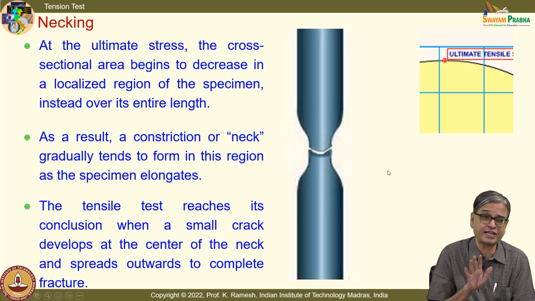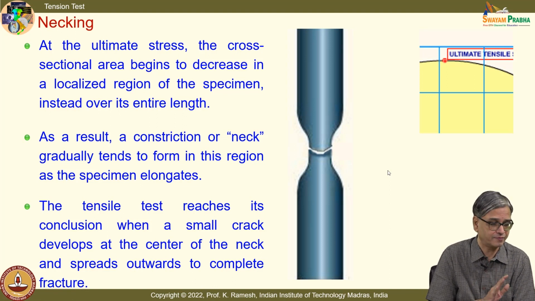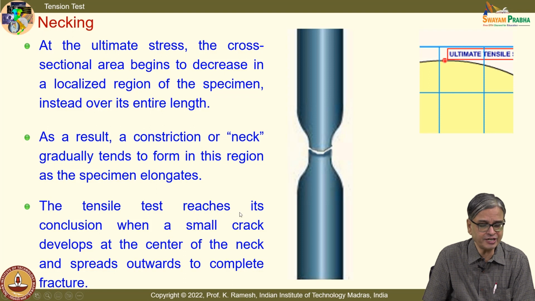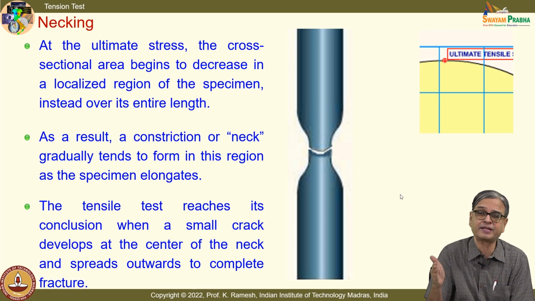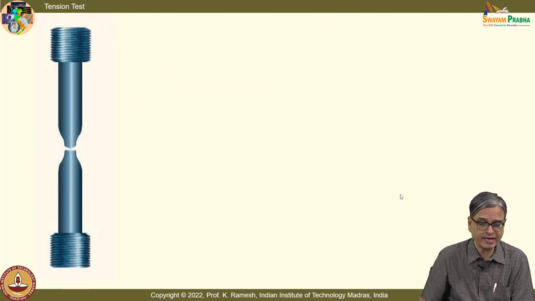Analysis of necking is very, very difficult from a mathematical perspective. Fine. So, when you do the tension test, you go up to breaking of the specimen. So, you completely record the stress strain behavior up to that. And we have looked at necking.